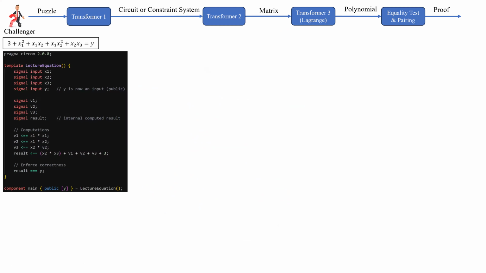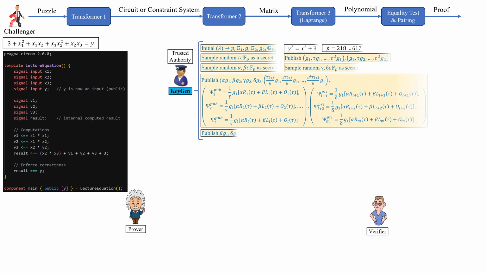And now, okay, so this is the circuit and the Circom code. And you remember that we had three parties in our scenario, a trusted authority that runs a key generation algorithm, and this decides the elliptic curve, the prime value, and then generates the SRS values, right?